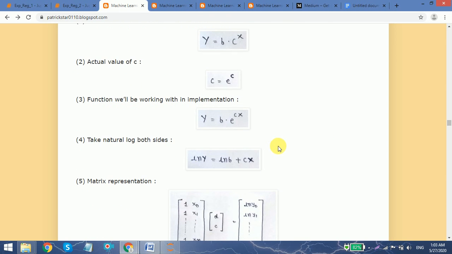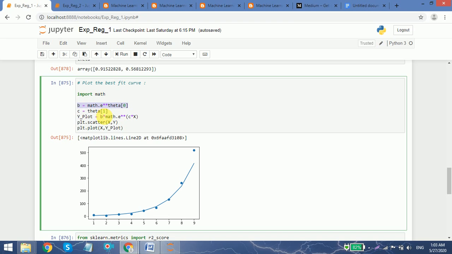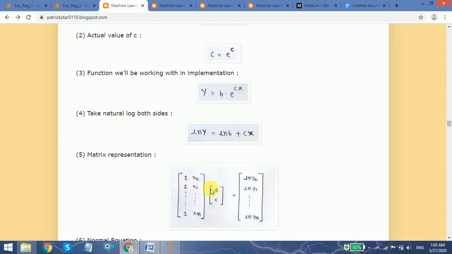Okay, here we go. So now what we have is the value of d stored in the value of theta 0. Sorry, in the value of theta 0. So this value 0.91 is our value of d. Now in our formula we need the value of b, but what we got is the value of log b.